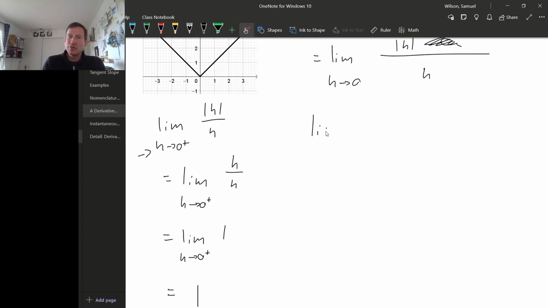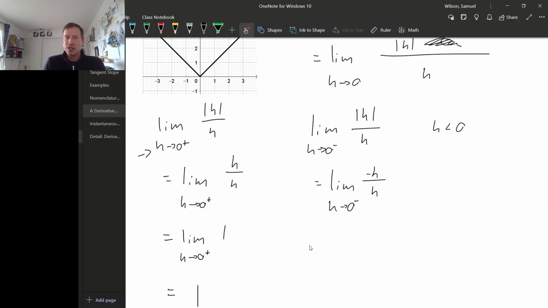Now let's do the limit from the left. So limit as h goes to 0 from the left of the absolute value of h over h. Well, for this limit, since we're to the left of 0, these h values are actually negative. So for negative h values, the absolute value of h is actually the negative of h. Right? h itself is negative, and so negative h is positive.